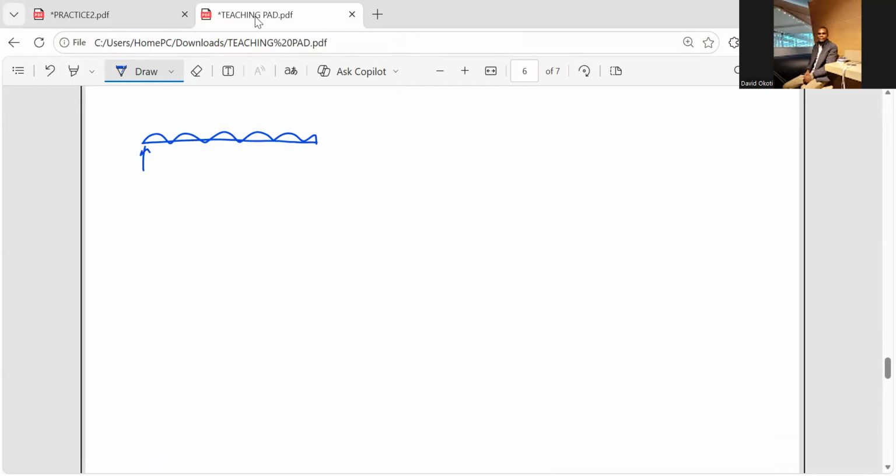We know simply supported, we can draw it in this particular manner. So this distance here, we've been told it is 5.5 meter, and this is 10 kilonewton per meter.